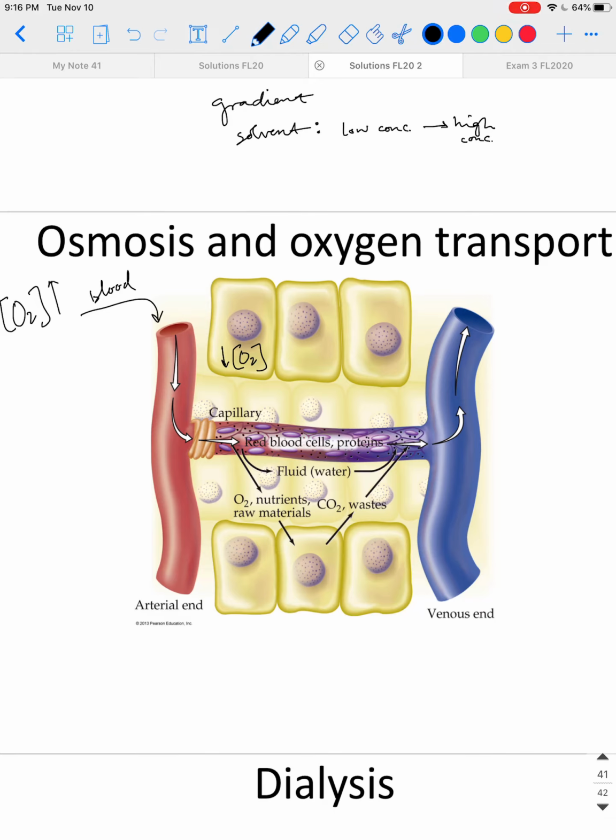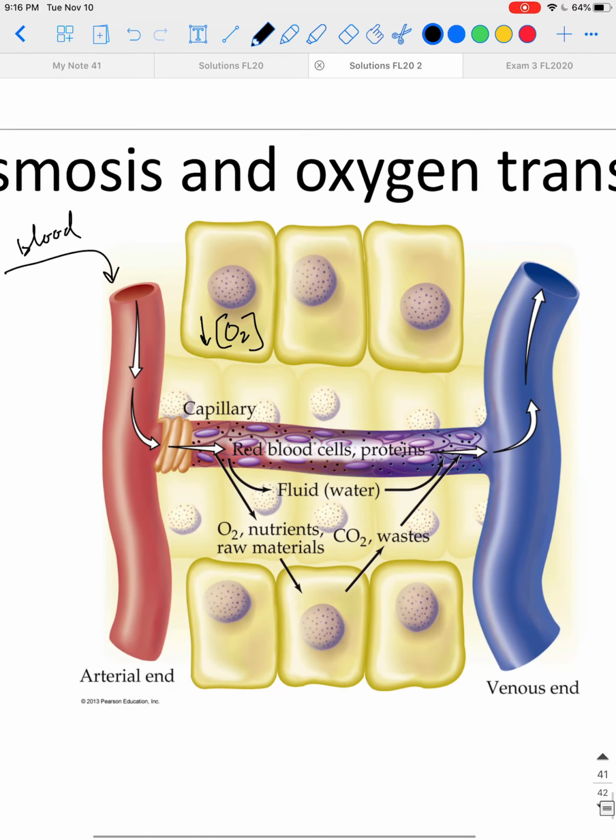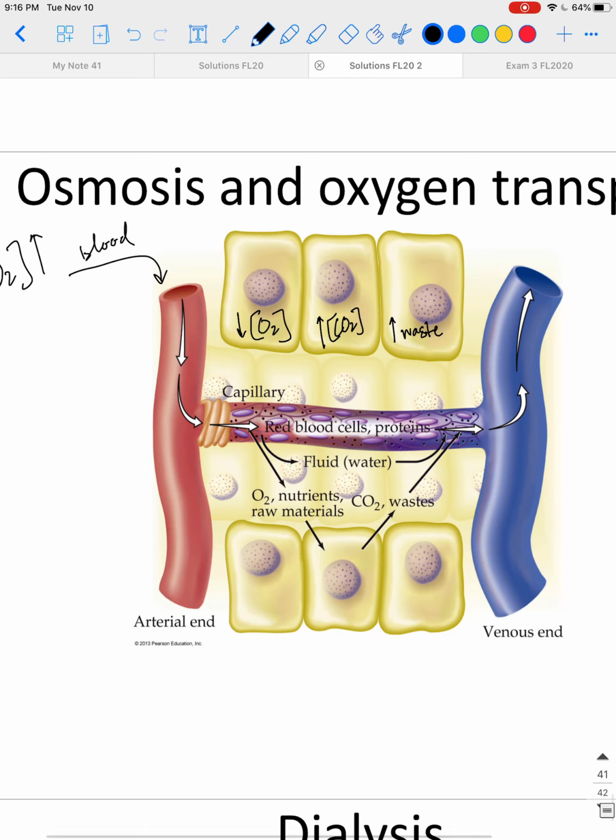And what cells have a lot of, though, is as they function and as they work and as they make things and take care of business, they create CO2. So they have a high concentration of CO2, and they have a high concentration of waste. Just other things they need to get rid of.